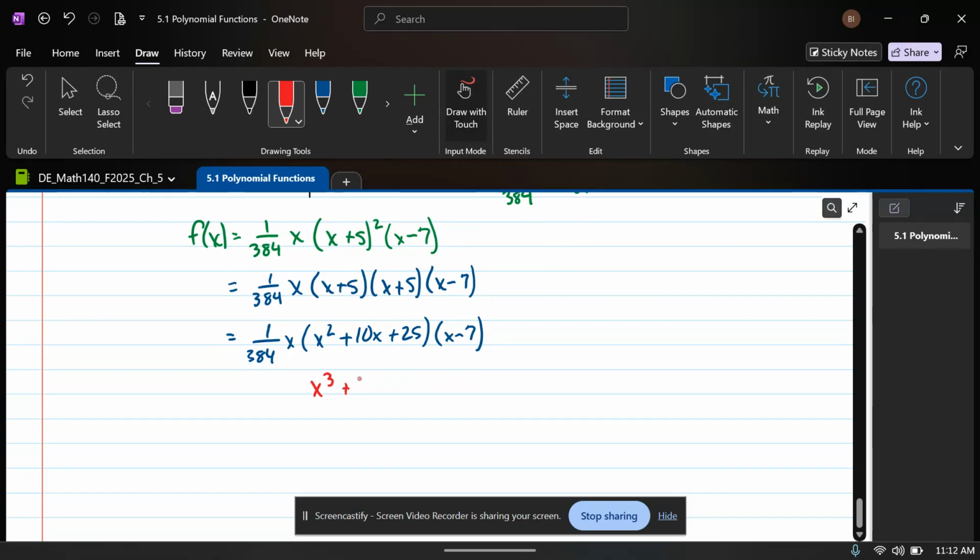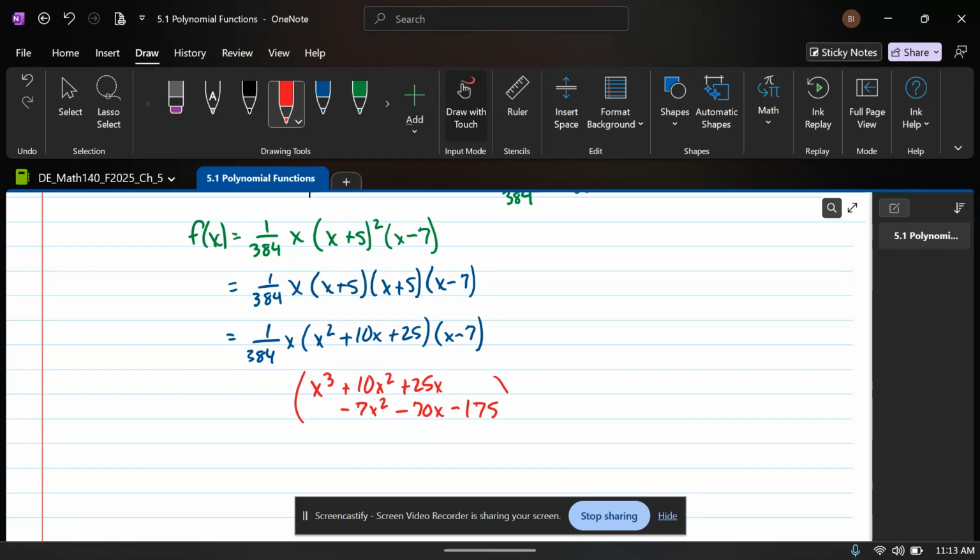x cubed plus 10x squared plus 25x minus 7x squared minus 70x minus 175.